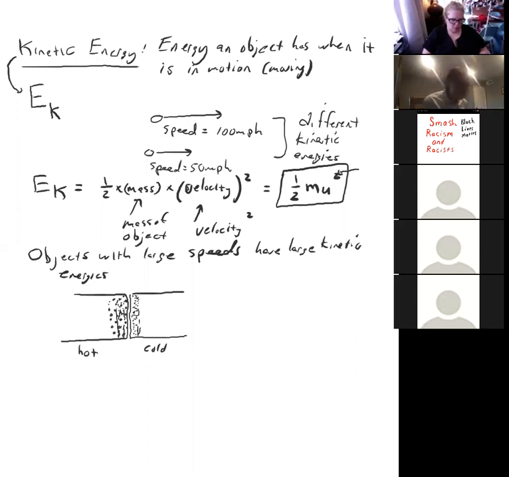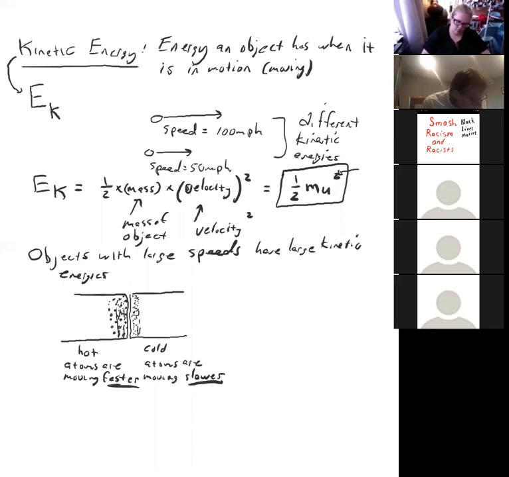Here's the explanation for why heat transfers from hot to cold and not the other way around. If we say something is hot, that means the atoms are moving fast on average. If we say something is cold, that means the atoms are moving slower. I'll just write slower. Faster and slower. Let's use those terms, okay?